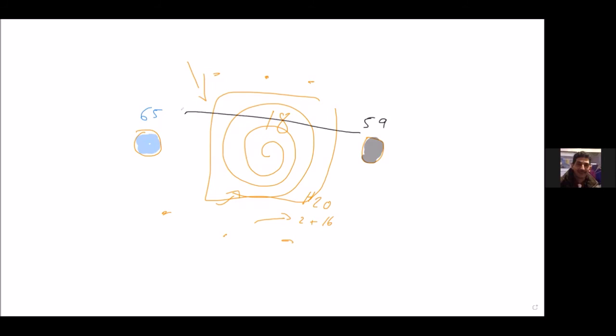What is the difference between them? The difference is 6. If you make other plates which give you 18, my dear, you create water.